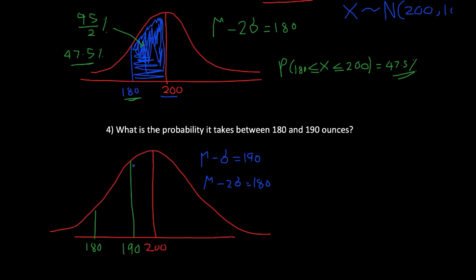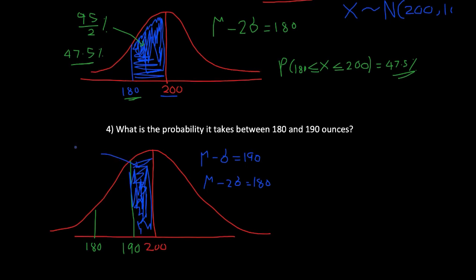Therefore, we know mu minus sigma is 1 standard deviation. Therefore, this blue colored area should be half of the 1 standard deviation, so this equals 68% divided by 2.